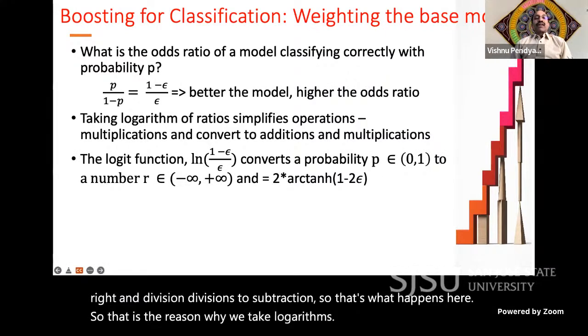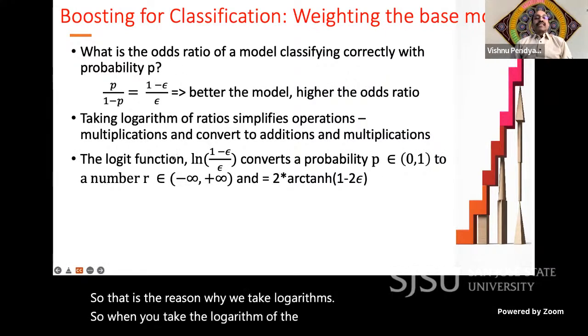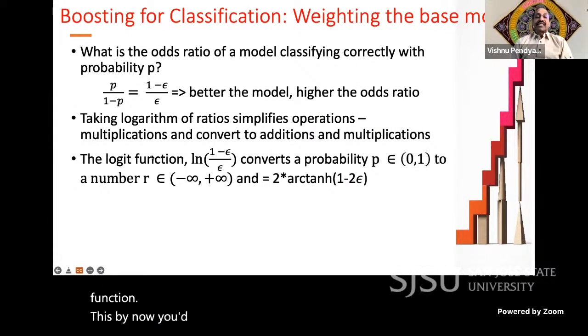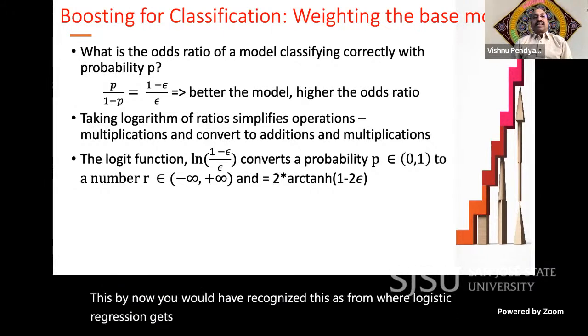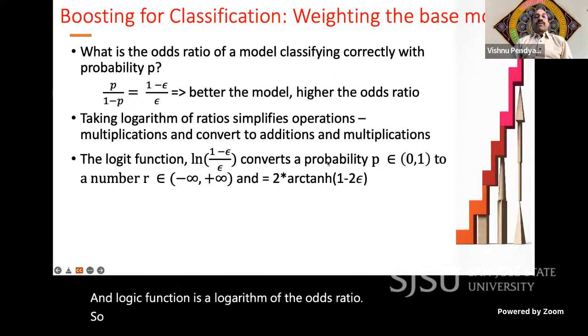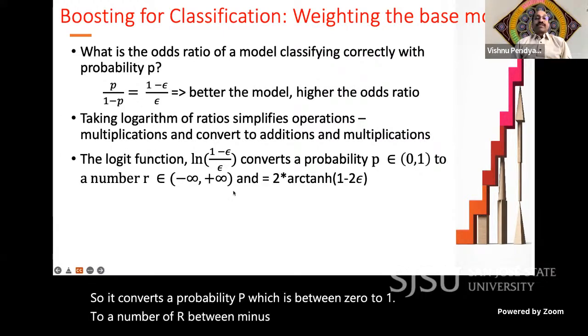When you take the logarithm of the odds ratio, it is called the logit function. By now you would have recognized this as where logistic regression gets its name, right? The logistic function is the reverse of the logit function, and the logit function is the logarithm of the odds ratio. It converts a probability P, which is between 0 and 1, to a number between minus infinity and plus infinity.